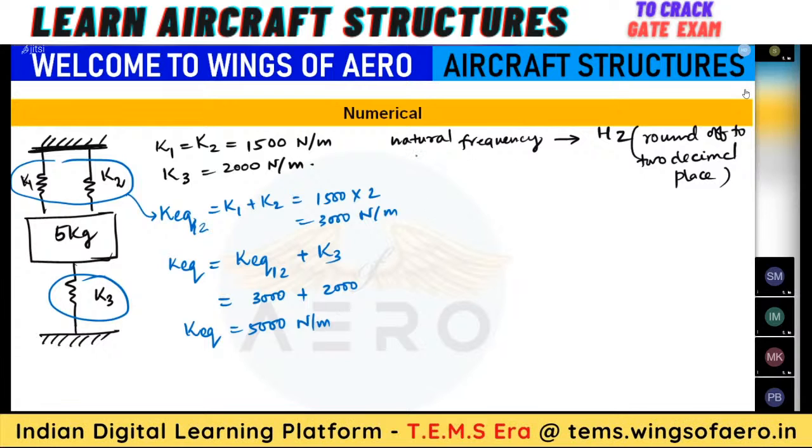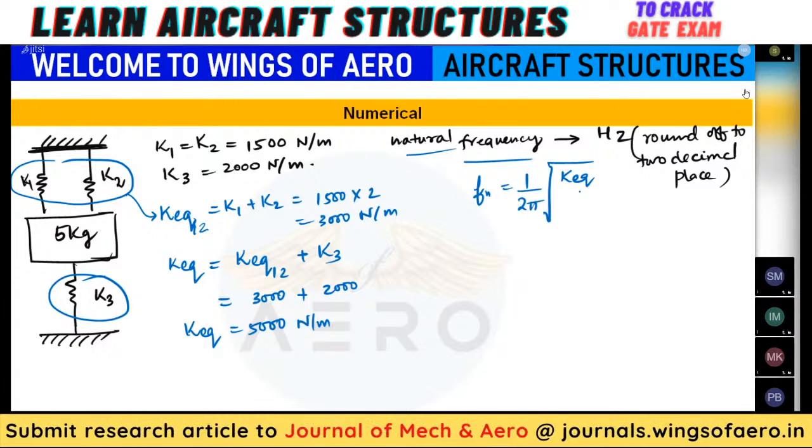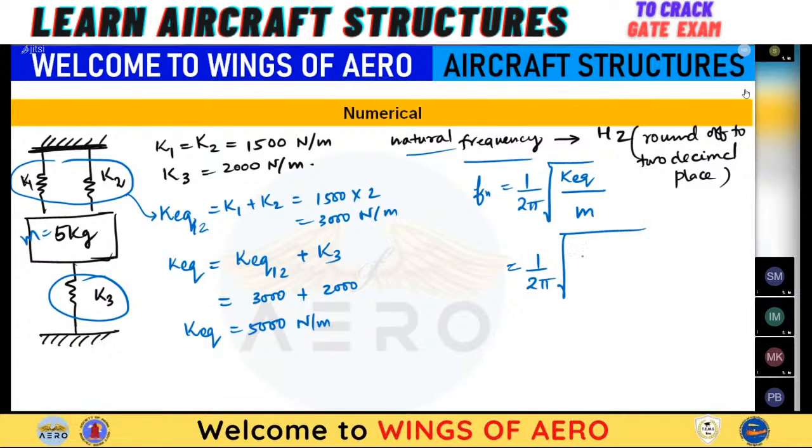Now, they have asked to find out the natural frequency. So, we know the formula: 1 by 2 pi root over K equilibrium by mass. Mass is known over here. How much? 5 kg. So, just substitute that.